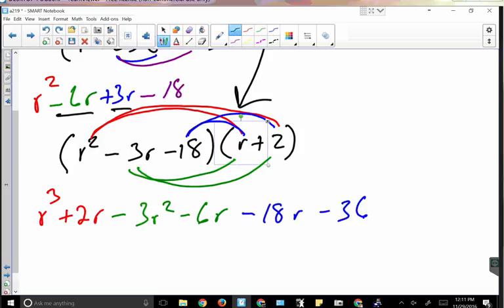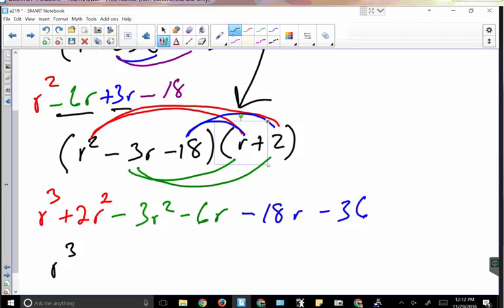Now the last thing is I got to add like terms. Well, I got an r cubed here. I have, next thing is squared terms. Okay, so it looks as though I've lost an r squared here someplace. Oh, and I see exactly where I lost it, because there's going to be two of those. R squared times 2 should be 2r squared, right?